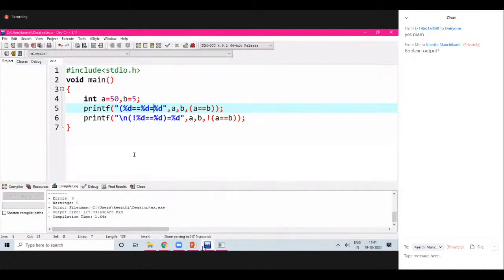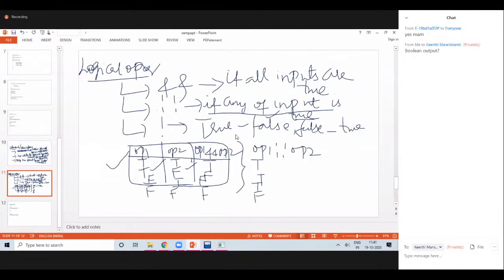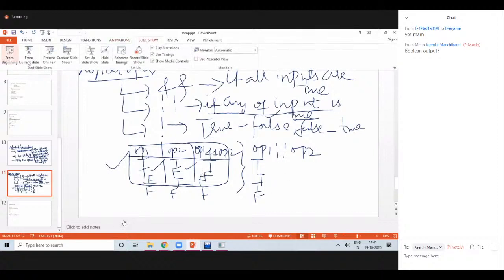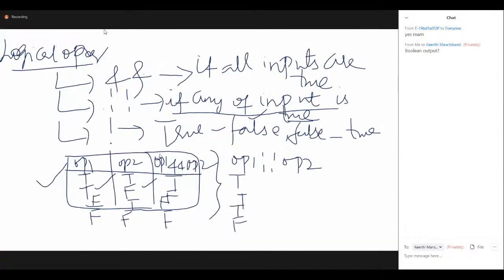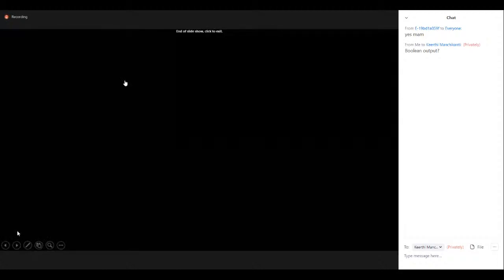Okay, everyone understood this now? Yes, clear with the logical operators? Right? So next we'll see the next one.